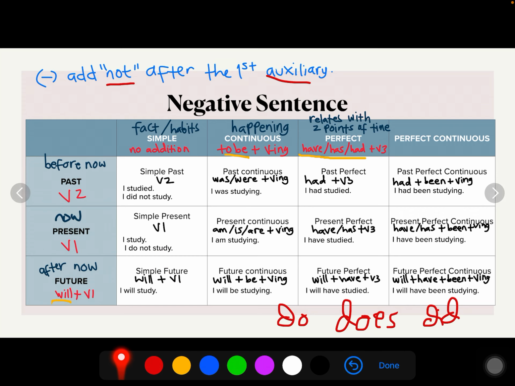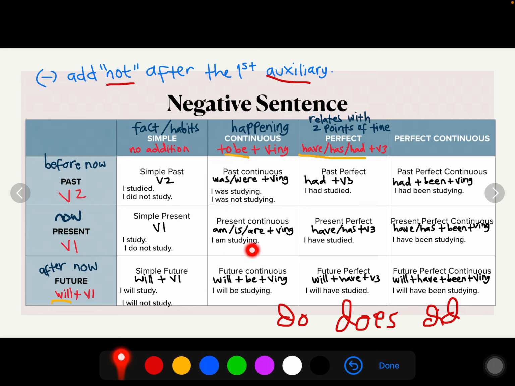For the rest of the tenses, it's very easy. We just need to add not because they already have an auxiliary here. So I will study, we just need to add not after the auxiliary will. It becomes I will not study. I was studying, we add not after to be, so it becomes I was not studying.